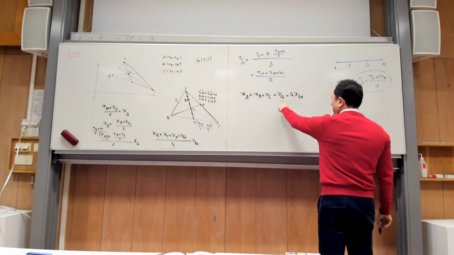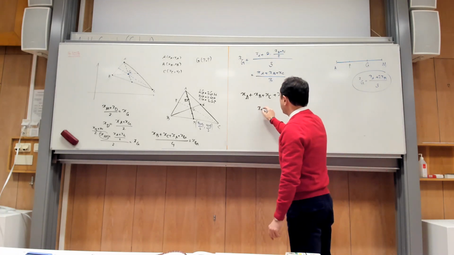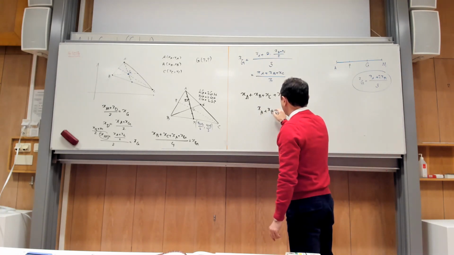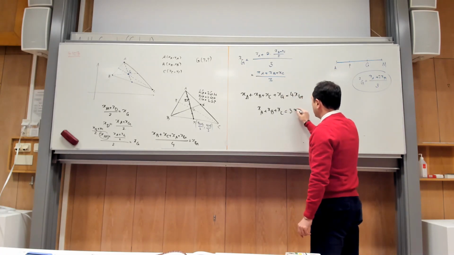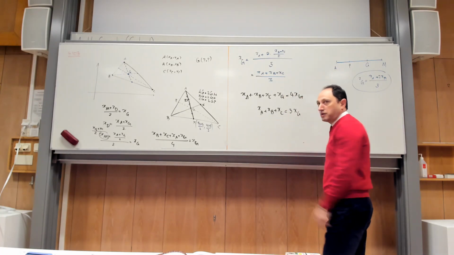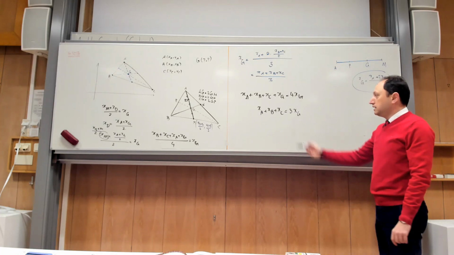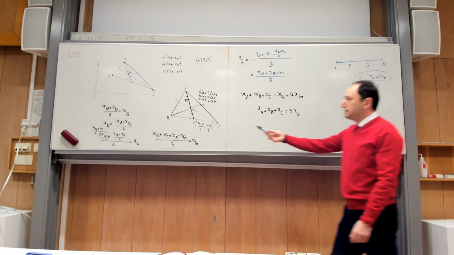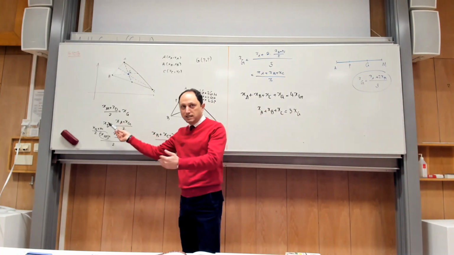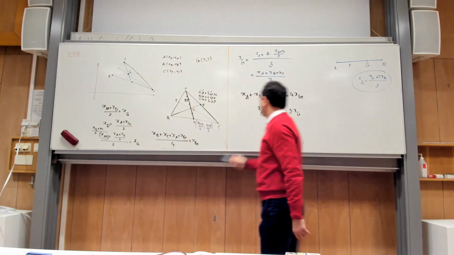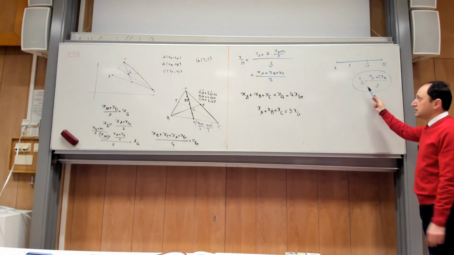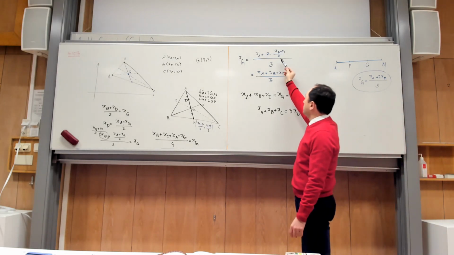And then I move xg to the other side, this becomes xa plus xb plus xc. I have 4 of them, 1 of them is subtracted, it becomes 3xg, and then I divide by 3. So you see, in this way, I am using only the midpoint formula, which is given to you in the formula sheet. But of course, if you somehow remember this, the calculation is even simpler.